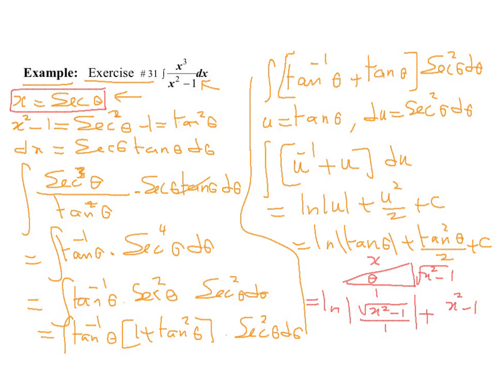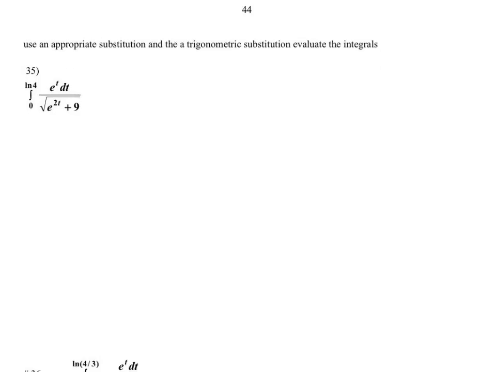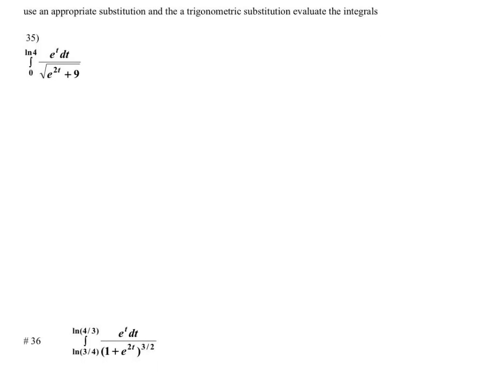Tan is again opposite over adjacent, so it is x squared minus 1 divided by 2 plus constant, which can be written as ln of the square root of x squared minus 1 plus x squared divided by 2 minus half plus c, which will become c.